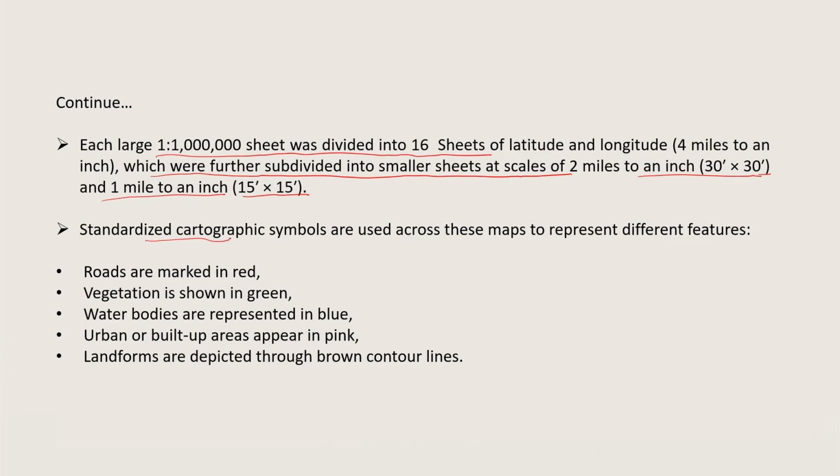Standardized cartographic symbols are used across these maps to represent different features: roads are marked in red, vegetation is shown in green, water bodies are represented in blue, urban or built up areas appear in pink, and landforms are depicted through brown contour lines.